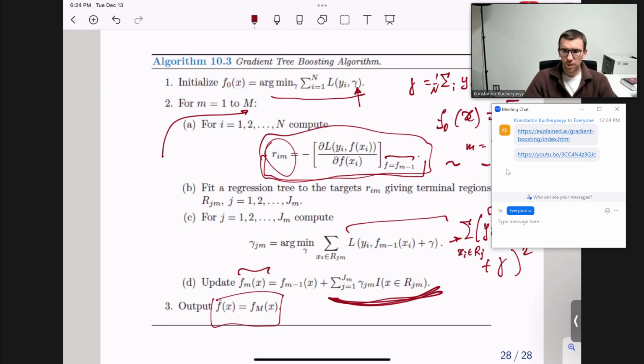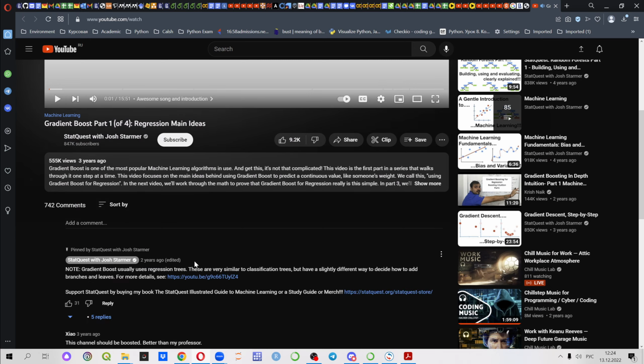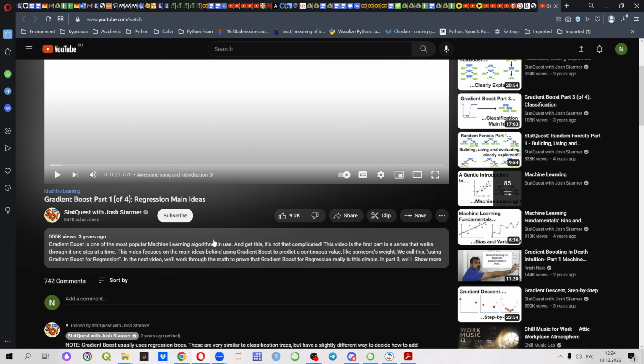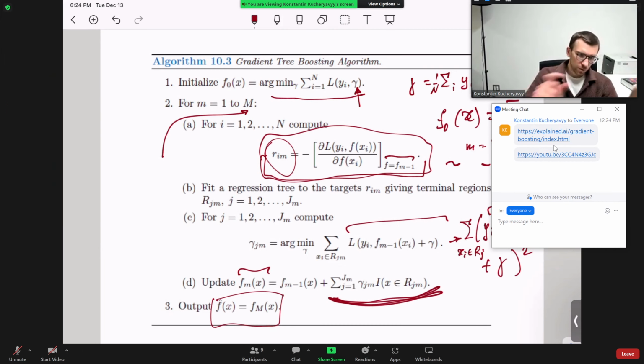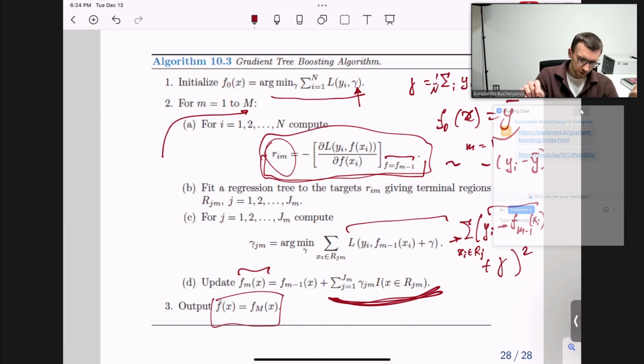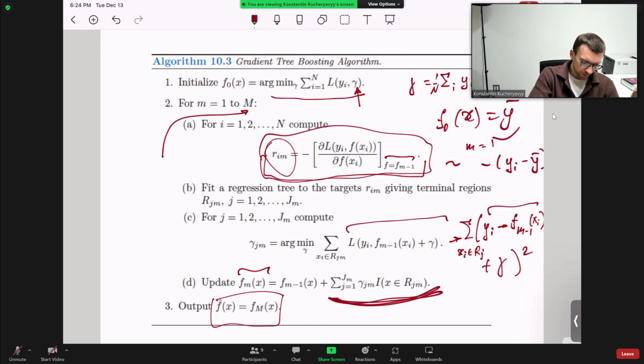So check this as well. These are the best sources on the internet that explain trees the best of all. And check the slides to understand all the connections between trees, AdaBoost, gradient boosting, stage-wise modeling. And hopefully you will absorb everything after going through it a couple of iterations.